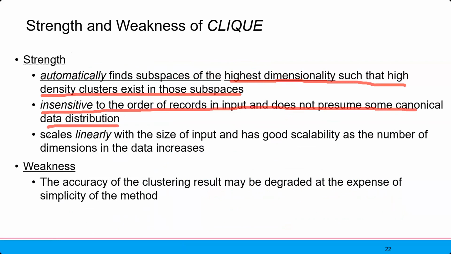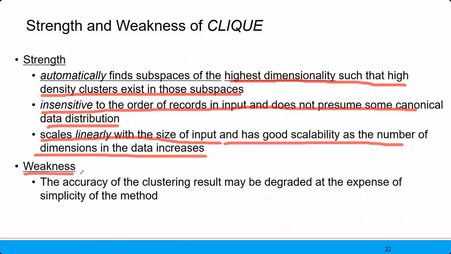And the method scales linearly with the size of input and has good scalability as the number of dimensions in the data increases. It means when the data is big, there is no issue with the computation. It's not that complex.